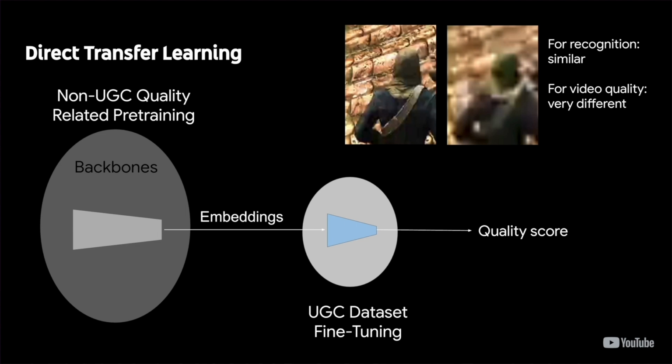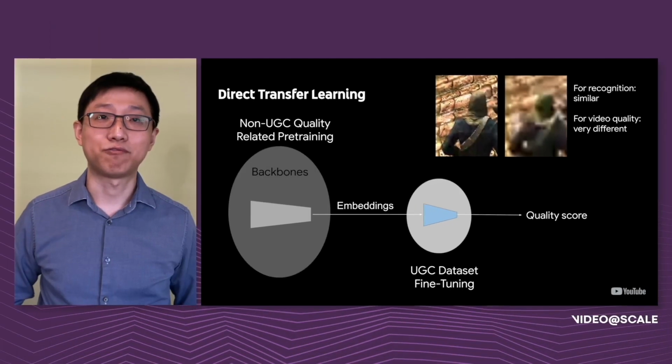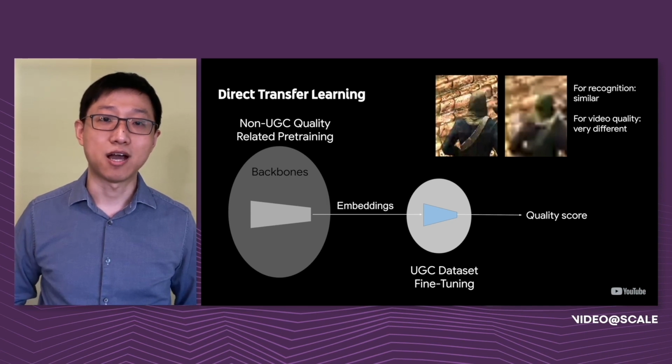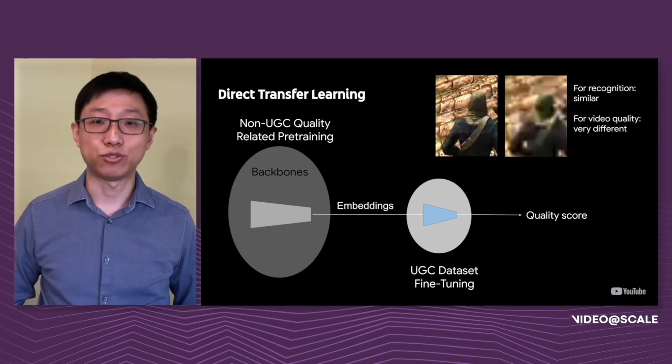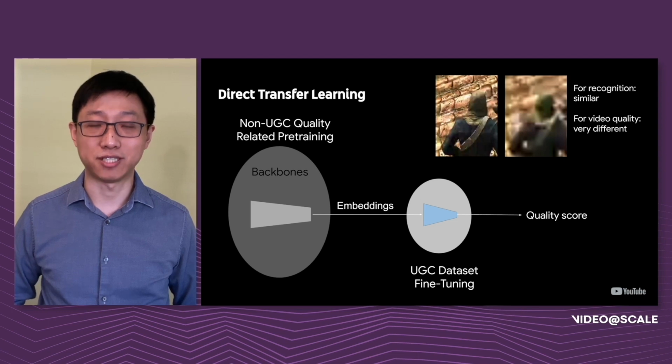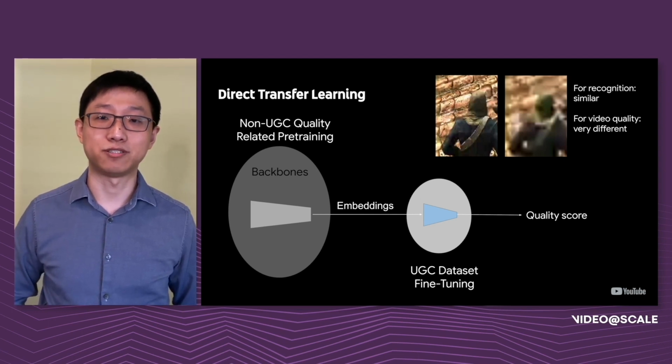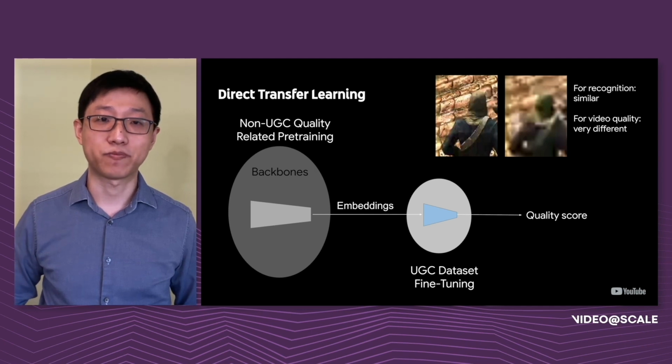However, from the video perceptual quality perspective, we want the model to be sensitive to the artifacts in the right image. Of course, fine-tuning on a UGC quality dataset could increase the model sensitivity to visual artifacts. But due to the limited size of the existing dataset, the model may not be able to learn sufficient quality-related features.